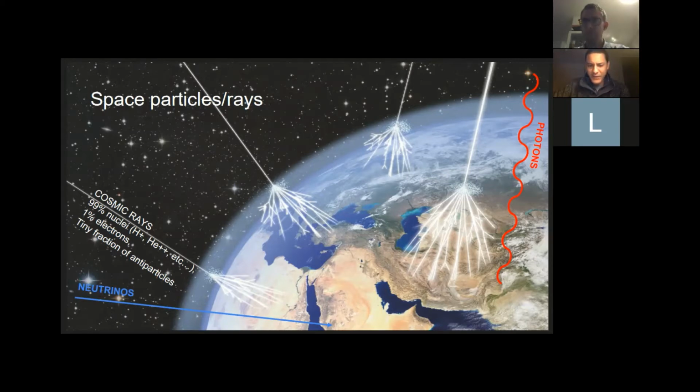That is the picture. Cosmic rays were first discovered in 1912 by a physicist called Victor Hess, and he did that by sending balloons high up into the atmosphere, because ground-based detectors of the time could not measure cosmic rays.